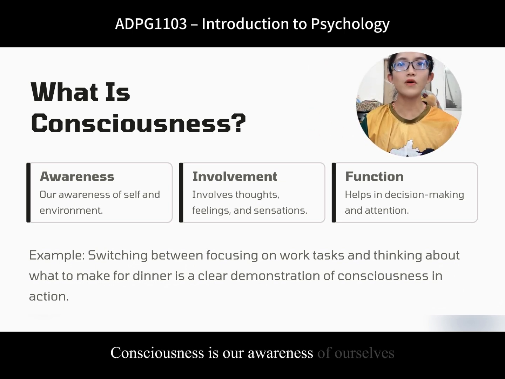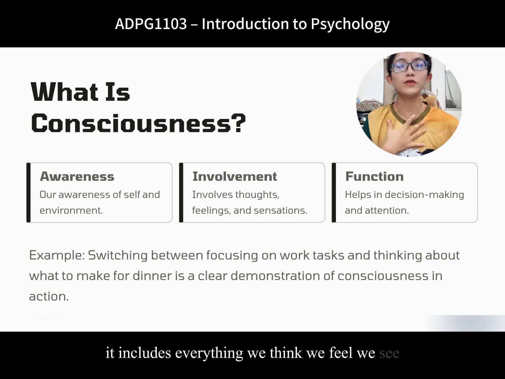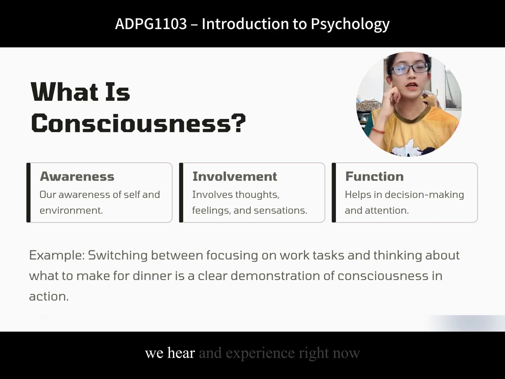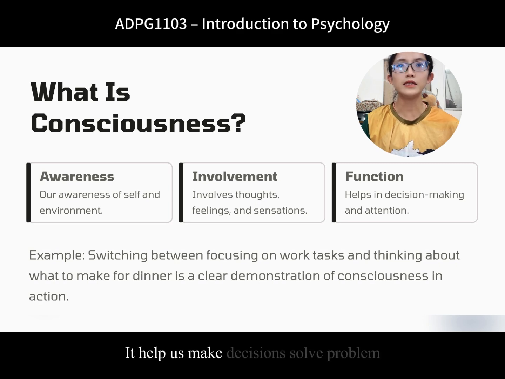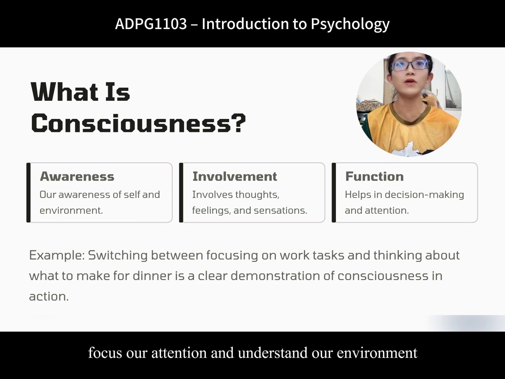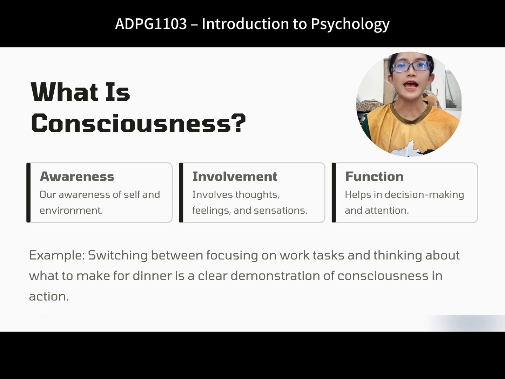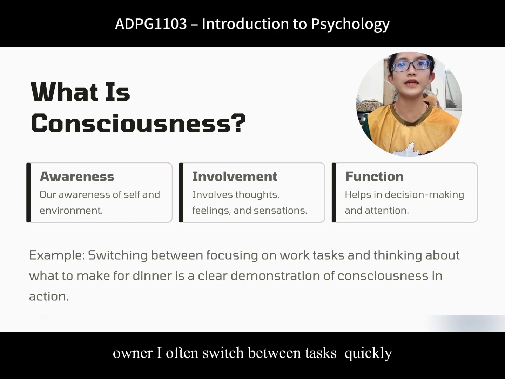Consciousness is our awareness of ourselves and our surroundings. It includes everything we think, we feel, we see, we hear, and experience right now. It helps us make decisions, solve problems, focus our attention, and understand our environment. As a parent and business owner, I often switch between tasks quickly.